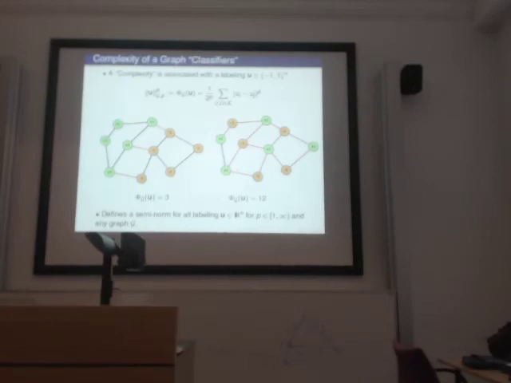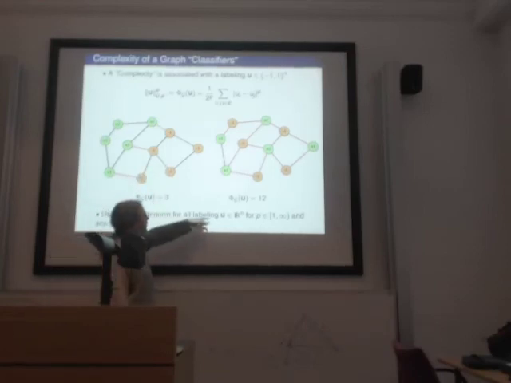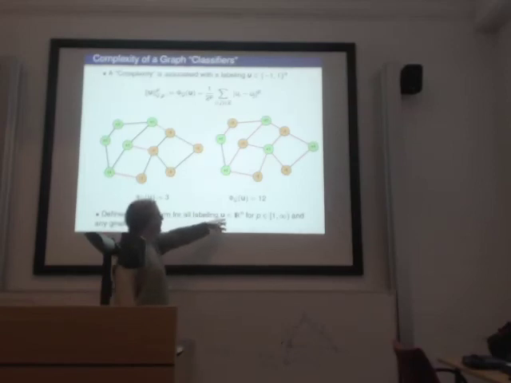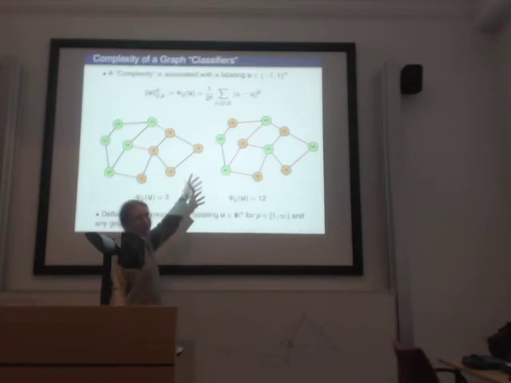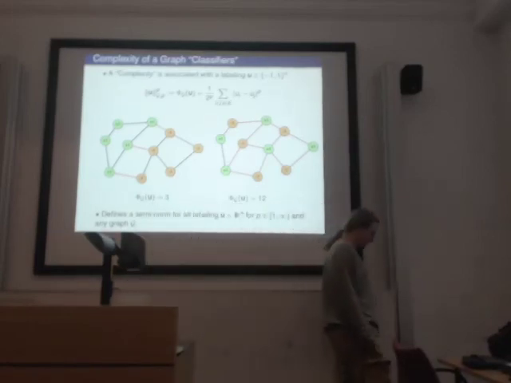But because we want to do things not just in the discrete world, since the continuous world leads to nice, smooth optimization algorithms, we want our complexity to not just correspond to labeling in minus 1 and plus 1. We're going to do something like with SVMs. We allow our labeling vector to be some value in R^n, where if it's large and positive, we're quite confident that it's one class, and if it's large and negative, we're quite confident that it's the other class.